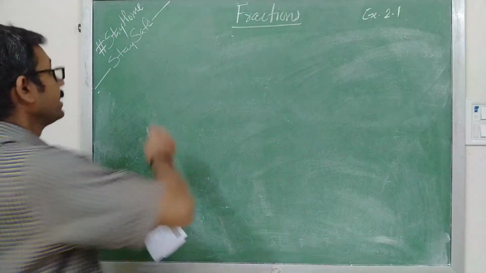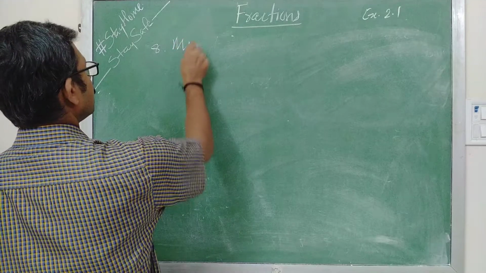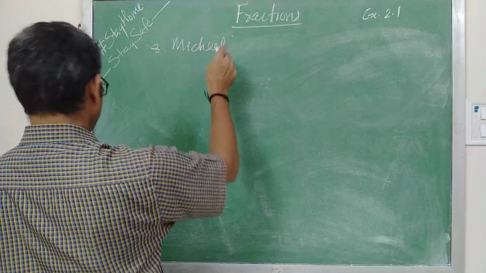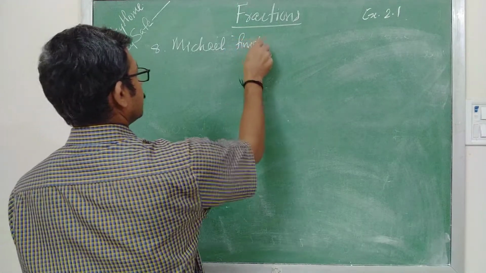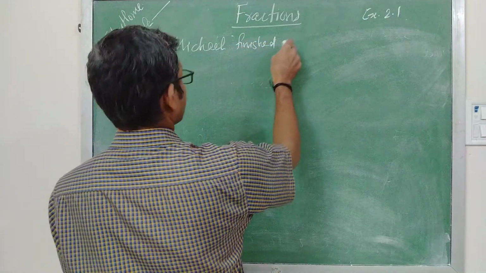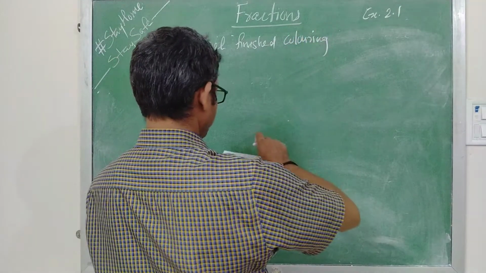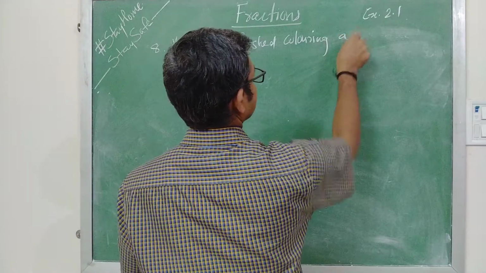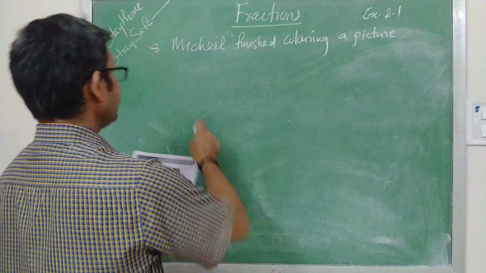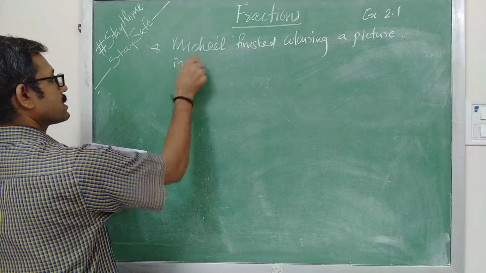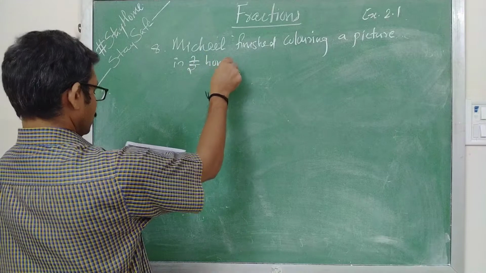Last question. Here it is, the 8th one. Michael finished coloring a picture in 7 upon 12 hour.